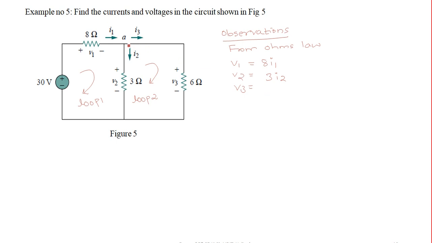They have given I3. I3 will be approaching this branch till here, it will be I3 only. So we can write 6 times I3. So we have defined V1, V2, V3, I1, I2, I3.